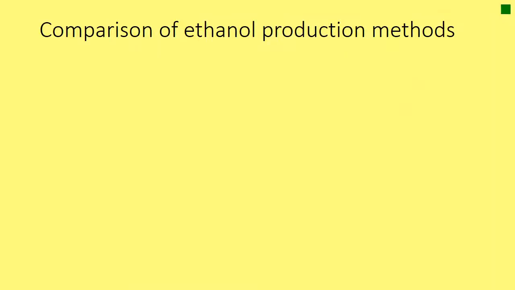So let's move on to a comparison of the ethanol production methods, and of course the two production methods are fermentation, and we can also produce it from ethene. Let's summarize that with ethene hydration.